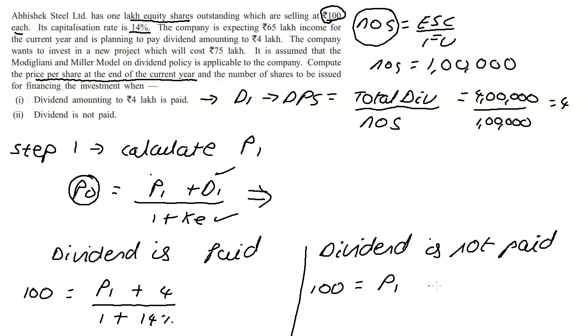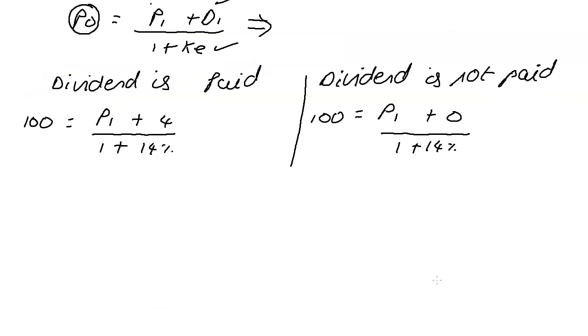I'm going to do this here as well. 100 is equal to P1 plus 0 because dividend is not paid. That means DPS is 0 upon 1 plus 14%. Taking this further down, I'm going to do them side by side so it becomes easier for you all to understand. 100 is equal to P1 plus 4 upon 1 plus 14%.